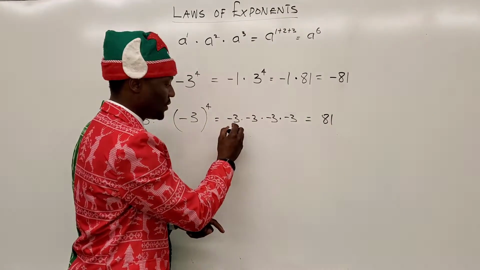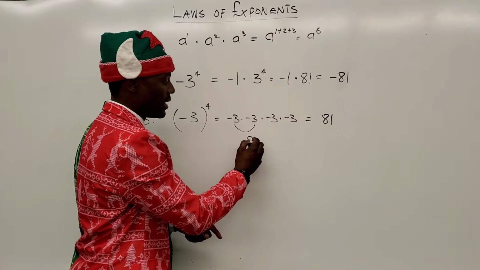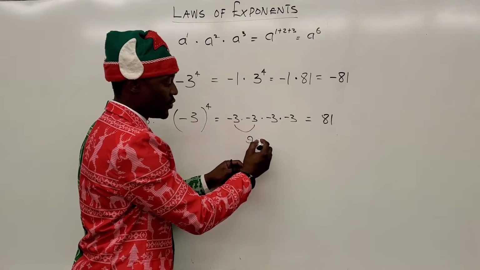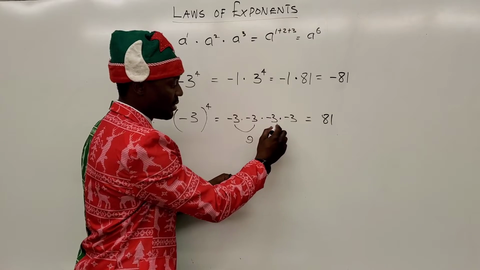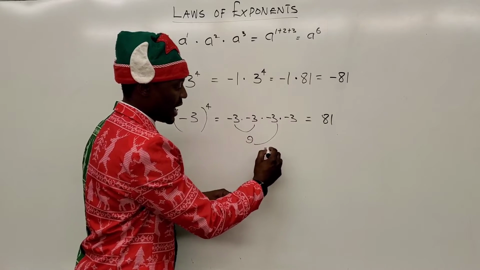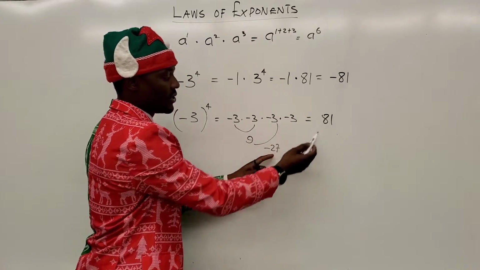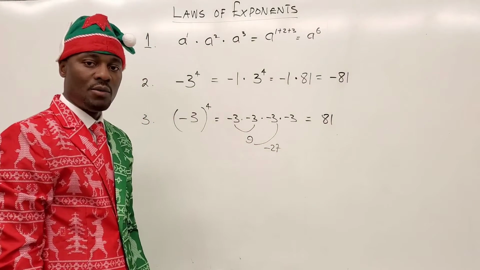So the first is going to give you 9. When you multiply this by negative 3 again, your next answer is going to be negative 27. And negative 27 times negative 3 is going to give you positive 81.